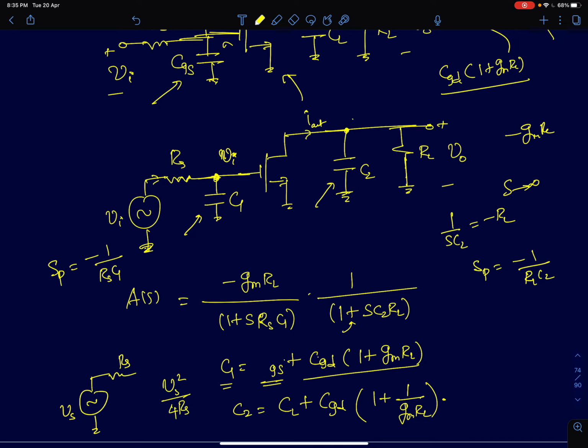The next goal is to find the poles and zeros. I'll first start with the zeros. A zero, by definition, we said, is where even when the input is present, the output should go to 0 at that value of s or omega. Now we can see here that there are two possibilities. One, the output impedance should vanish to 0 at some frequency, or this node voltage can go to 0 at some frequency.